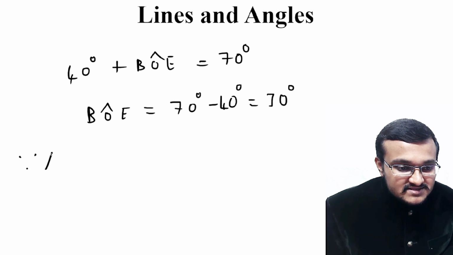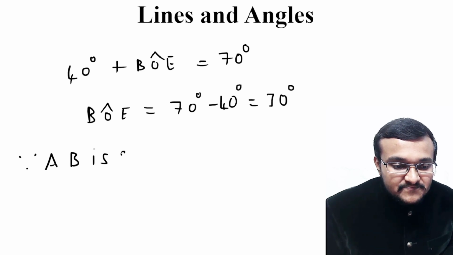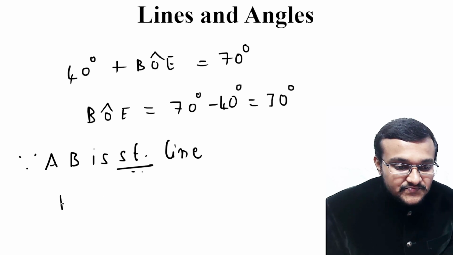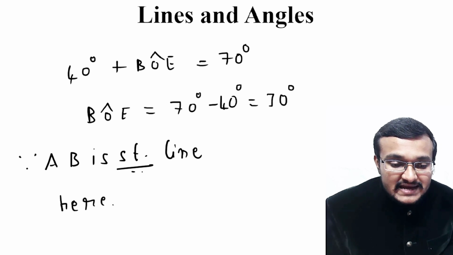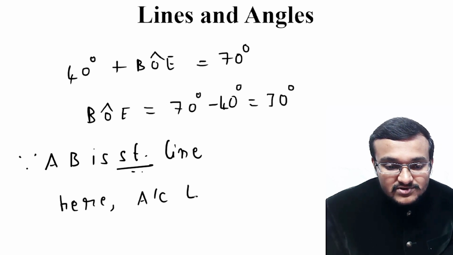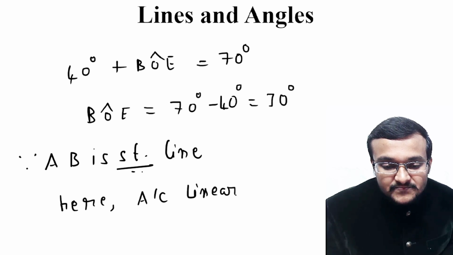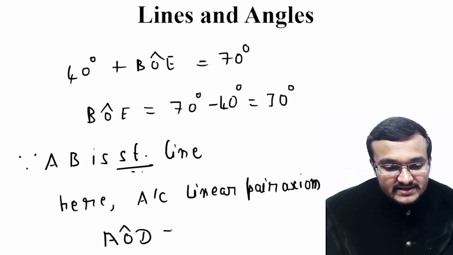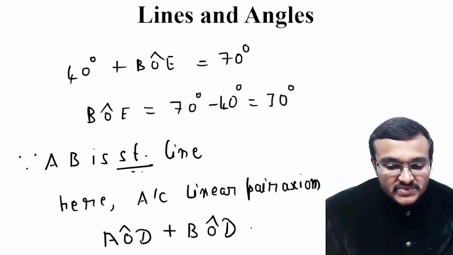Since AB is a straight line, according to the linear pair axiom, AOD plus BOD should be equal to 180 degree.